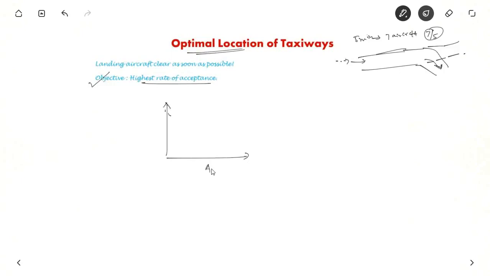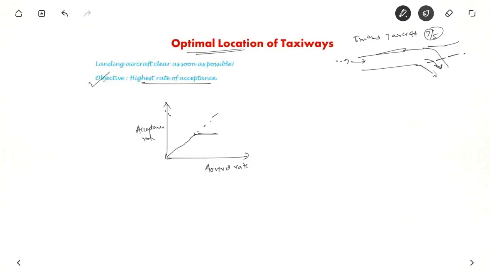I will just put that in a graphical way. Let us say x-axis is arrival rate and y-axis is acceptance rate. That is, if aircrafts go one after the other in 1 minute, how much aircrafts the taxiway will accept. So after a point it gets saturated.